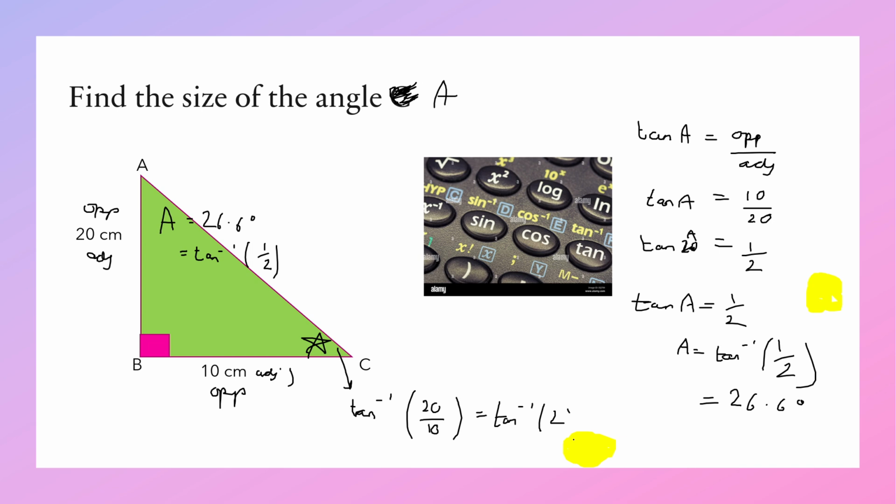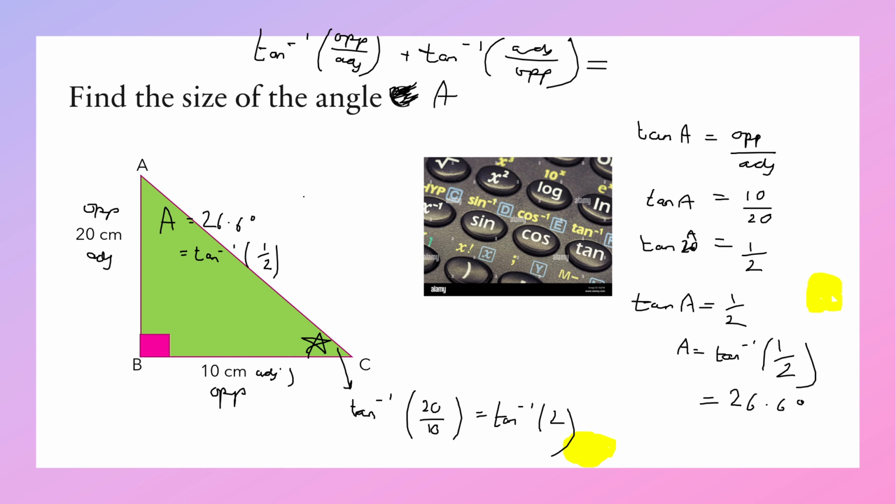So going off on a tangent, if I have tan inverse opposite over adjacent plus tan inverse adjacent over opposite, what does that give me?